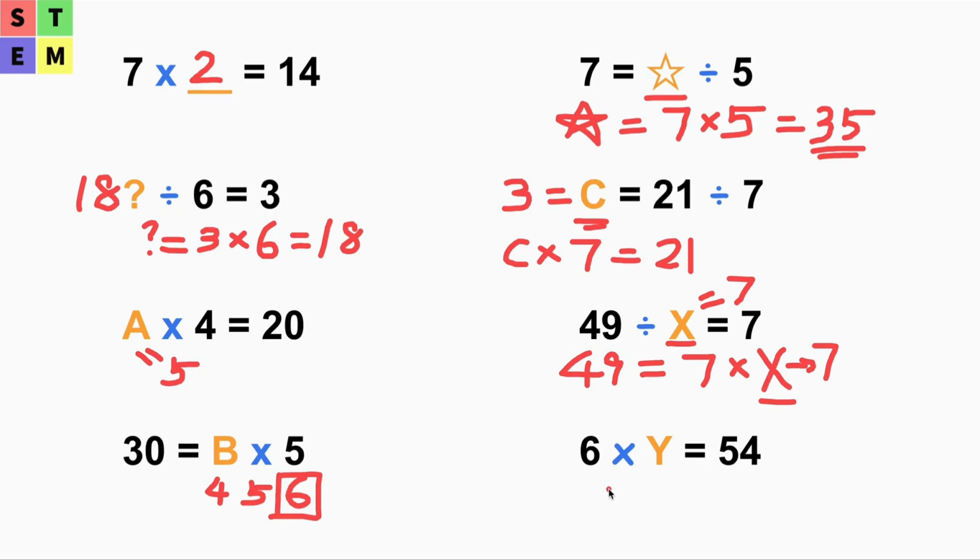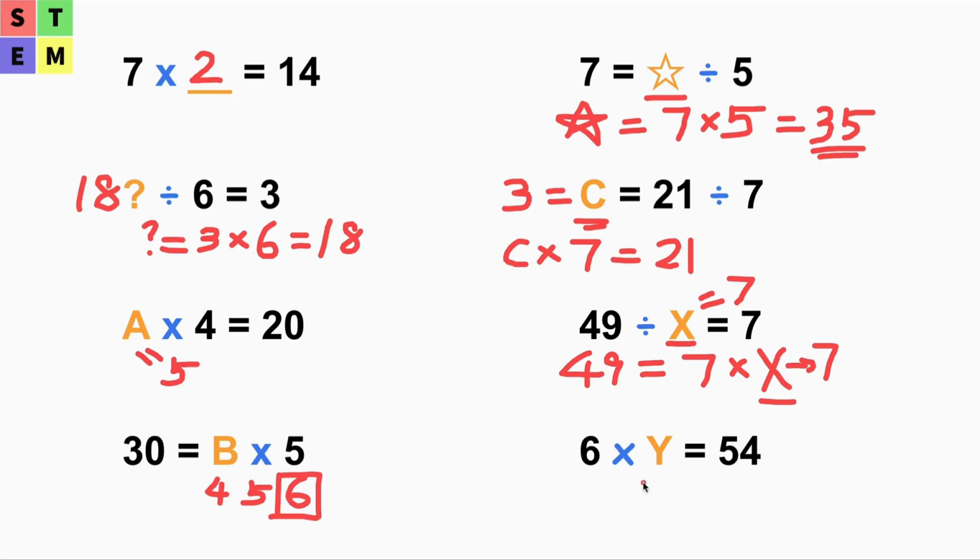Because 30 is a lot smaller than 54, let's try 8. 6 times 8, if you take a look at the multiplication table, would be 48. Okay, 48. It is closer. So Y is not 8 but larger than 8.